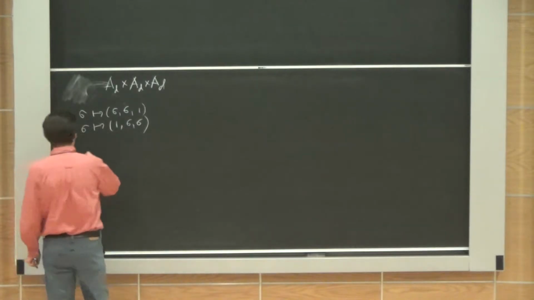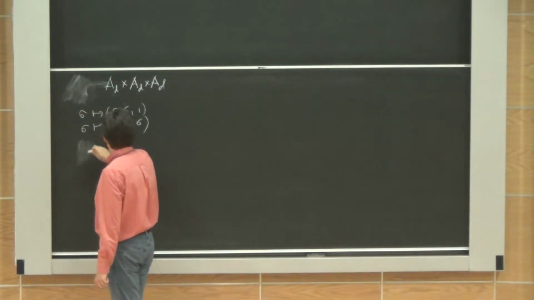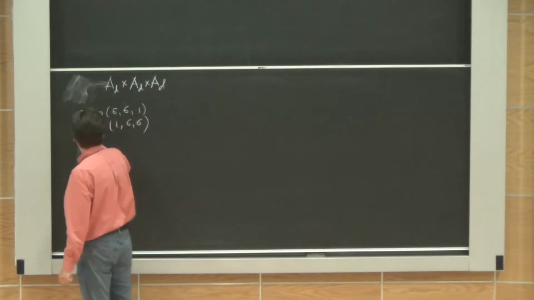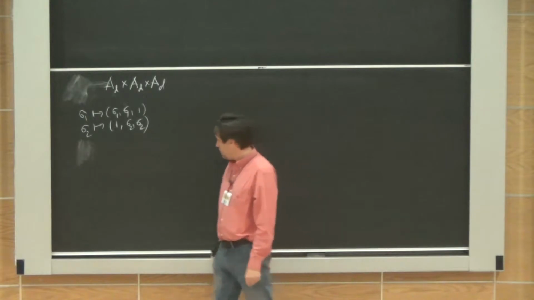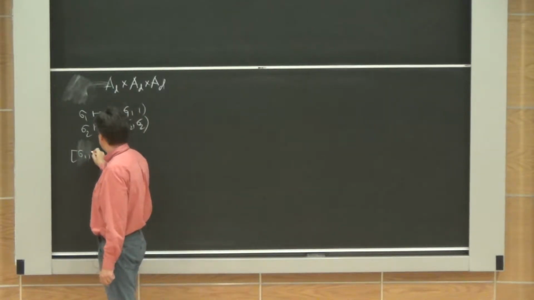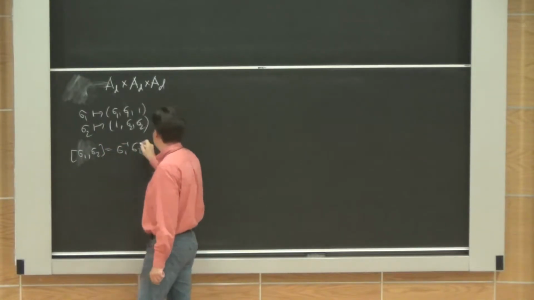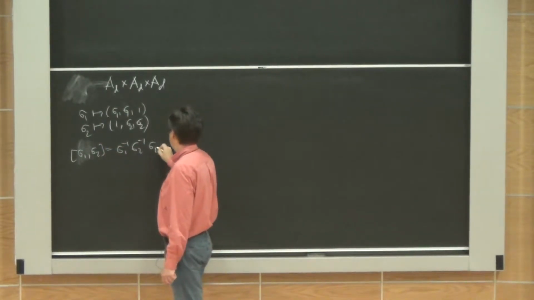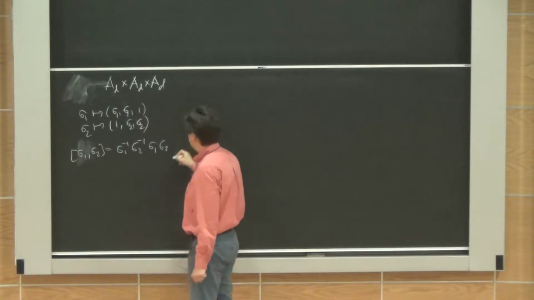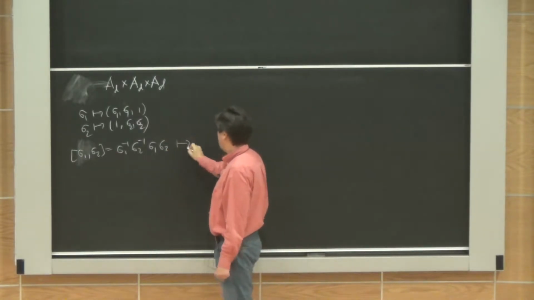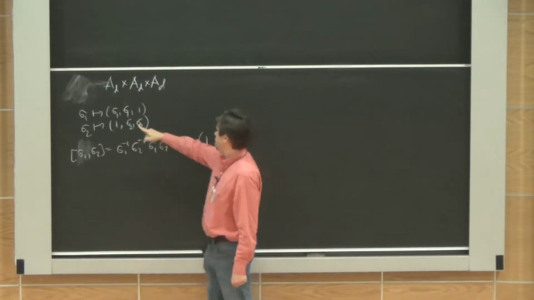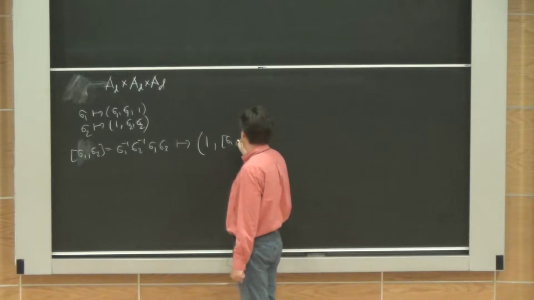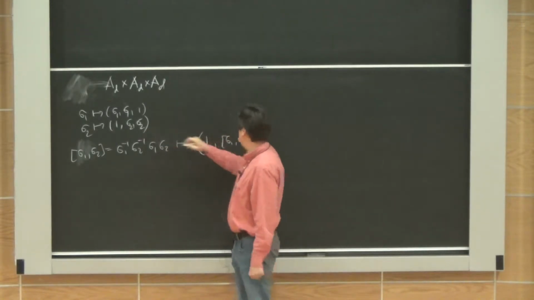But now if you take one permutation sigma_1 in one group, another permutation sigma_2 in the other group, and look at the commutator, which is sigma_1 inverse, sigma_2 inverse, sigma_1, sigma_2, then on the second coordinate the commutator is the identity. Here you will get the commutator of sigma_1 and sigma_2. And here you will get the identity.